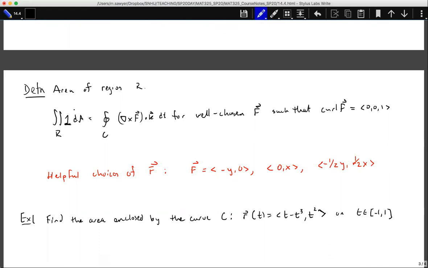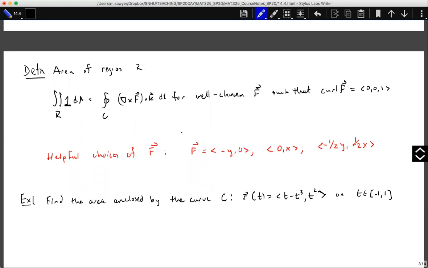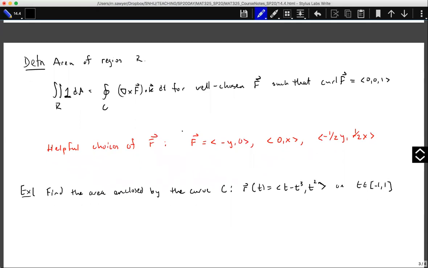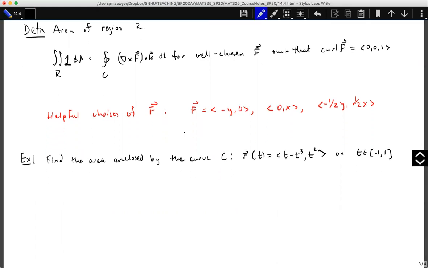So if we bound the region with a closed curve and we choose our vector field such that the curl of the vector field equals the vector <0, 0, 1>, dotted with a k vector, so we get an inside piece that equals 1, then we've found the area of the region. Some helpful choices for our vector fields are <-y, 0>, <0, x>, and <-1/2 y, 1/2 x>.